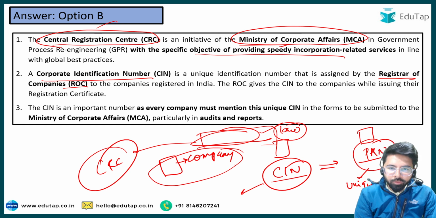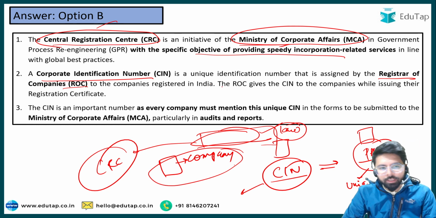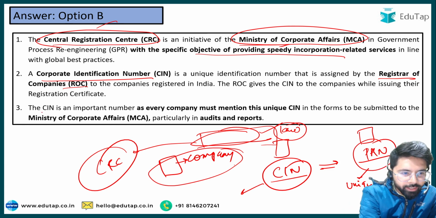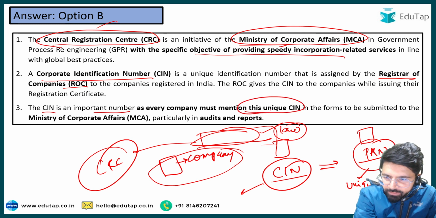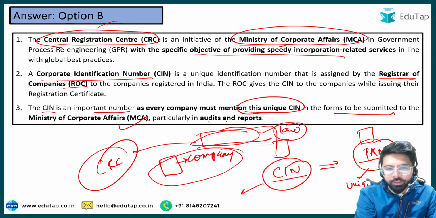In order to carry out all the functions and registration processes, you need to submit the CIN so that all the processes are conducted without hassle. So the CIN, the Corporate Identification Number, is an important number, as every company must mention this unique CIN in the forms to be submitted to the Ministry of Corporate Affairs, particularly in the audit and report.